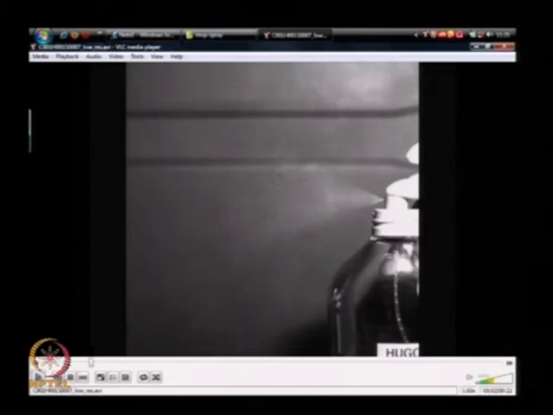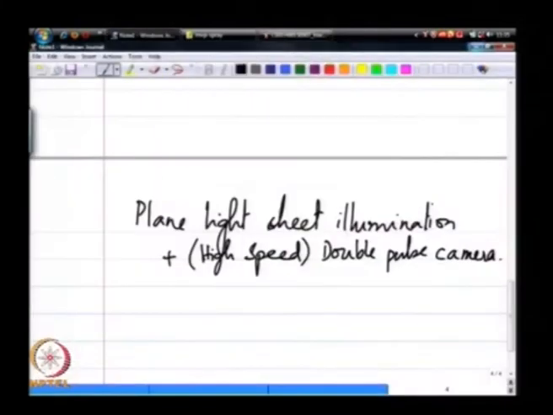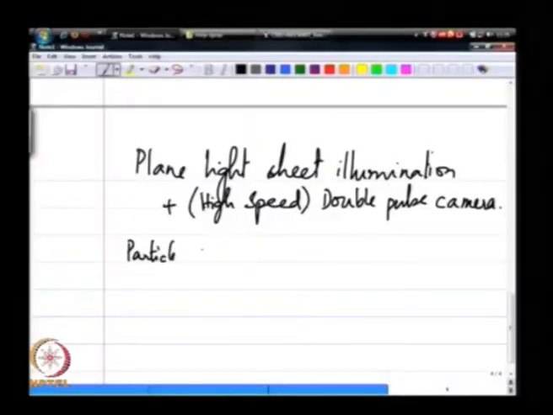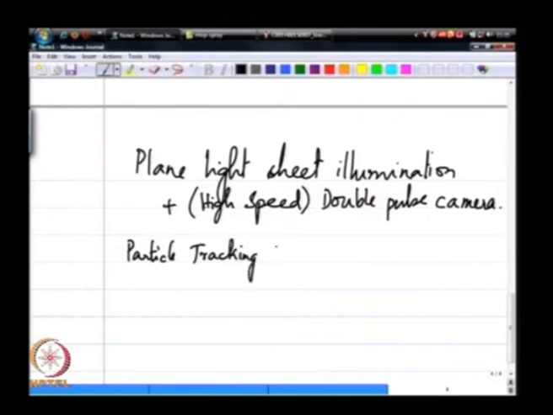A short instant later all the white specks have moved, and presumably if this was a plane illumination, then all of the distance moved by the specks are in the same plane as the illumination sheet itself, and from knowing these two frames and the distance travelled, we are able to extract velocity, and this is called particle tracking velocimetry.